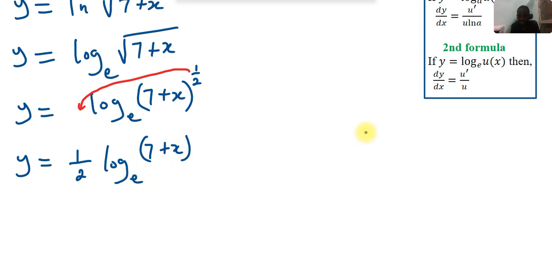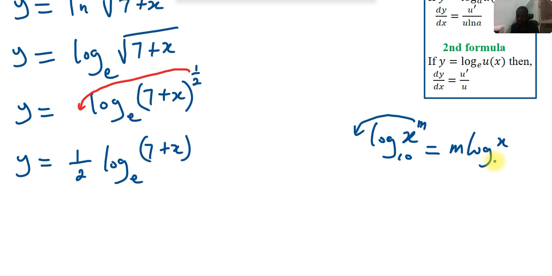Now what I did is this. If you recall that under logarithm, if you have log of x raised to power n, let's just say this is base 10, you can express this as the n coming to the front, and you have n log x base 10.